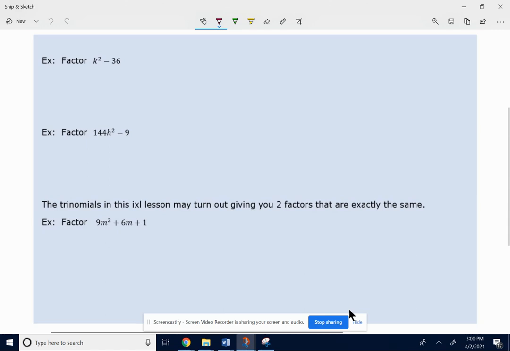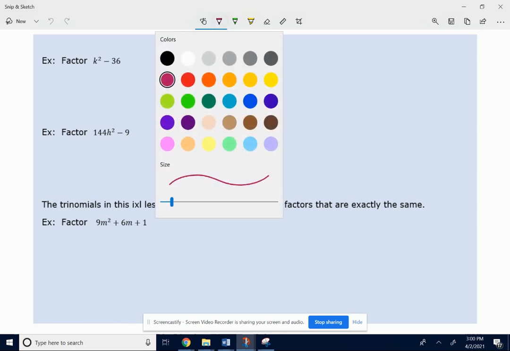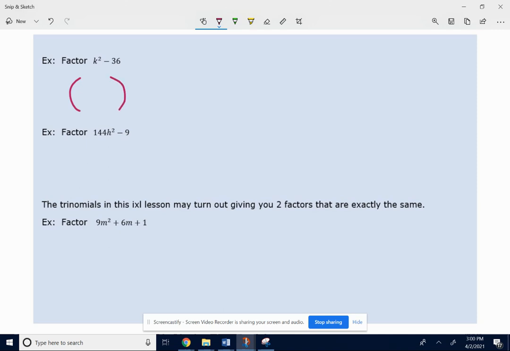Let's say I wanted to factor k to the second minus 36. That's a two-parter. This is a binomial. What I'm going to do is try to rewrite it as something squared minus something squared. So I need to think about what I can square to get k squared. That'd be k. What can I square to get 36?